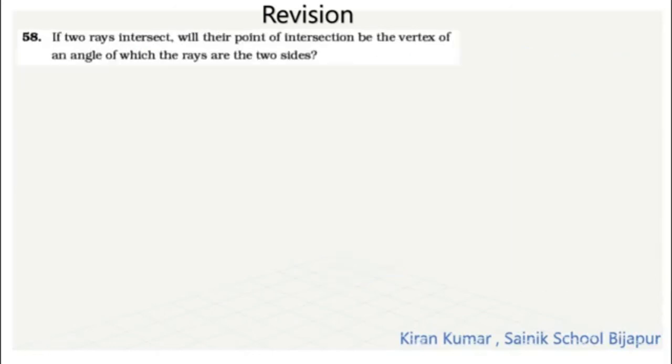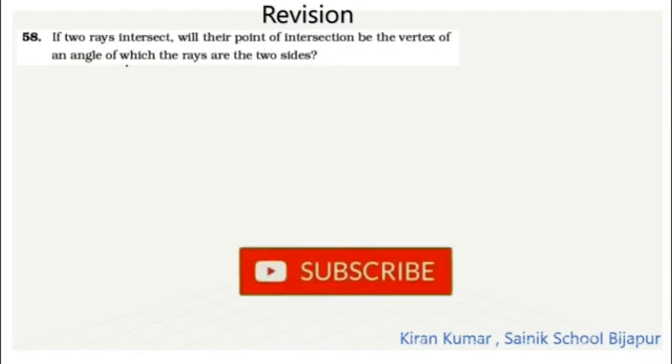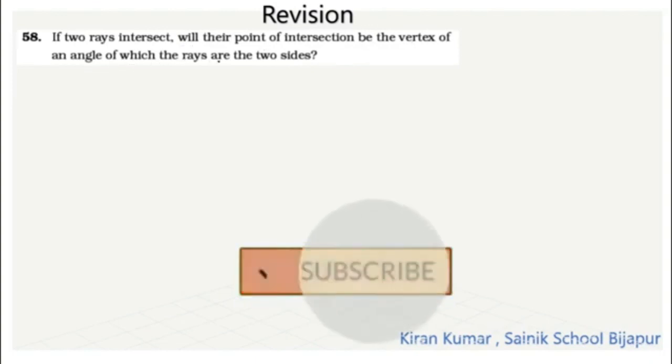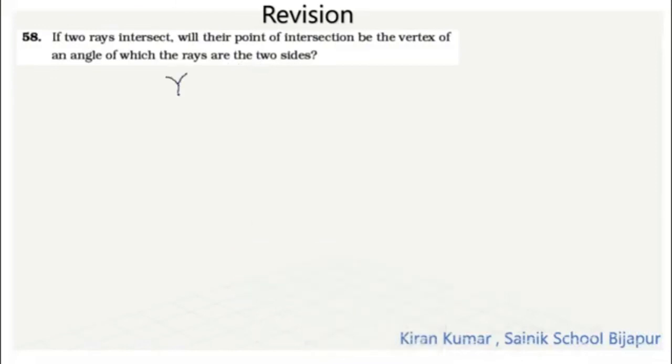Question number 58. If two rays intersect, will their point of intersection be the vertex of an angle of which the rays are the two sides? Yes. If two rays intersect, this is one ray, say this is another ray, they are intersected at some particular point.